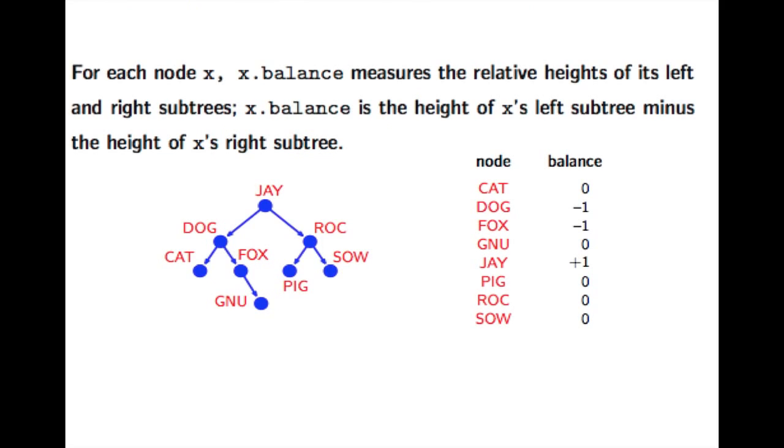To implement this, for each node we have a variable that measures the difference between the heights of the left and right subtrees. So let's see what this is here. First let's see what the depths are.